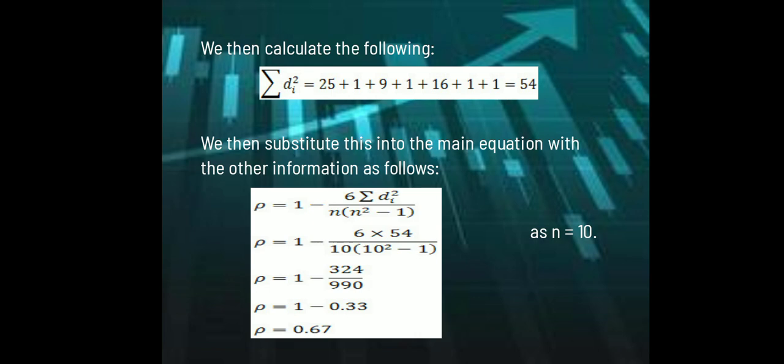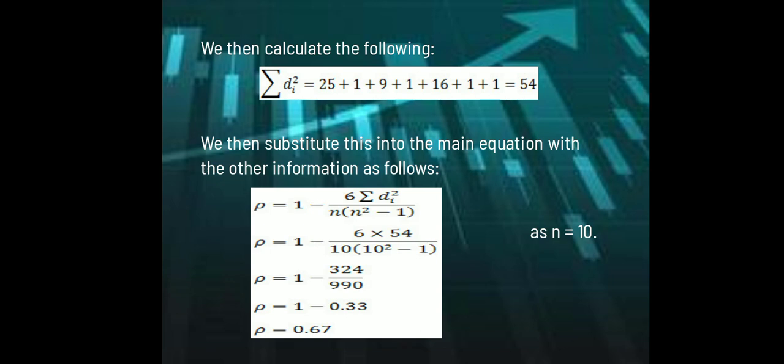So we will then calculate the summation of D squared. The value of the summation of D squared is 54. So we will then substitute this into the main equation with the other information as follows. ρ equals 1 minus 6 summation of D squared all over N times the quantity of N squared minus 1, right?